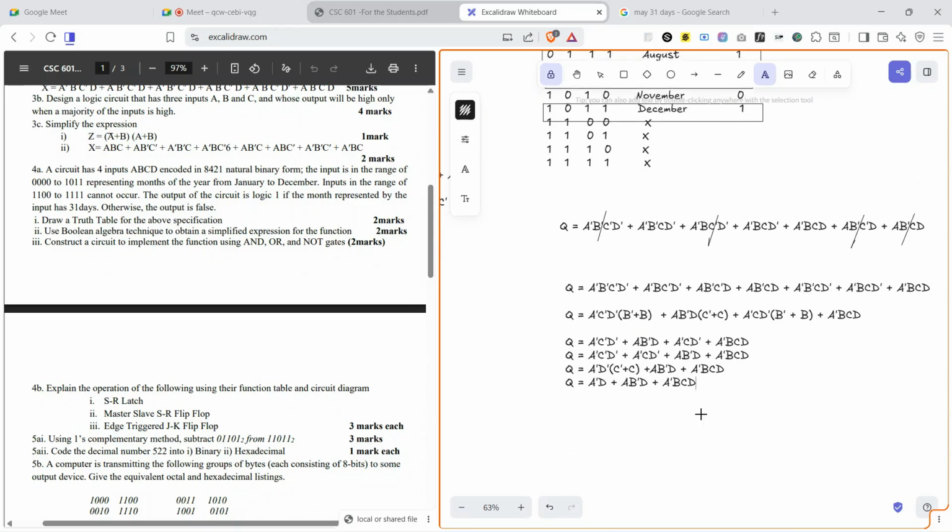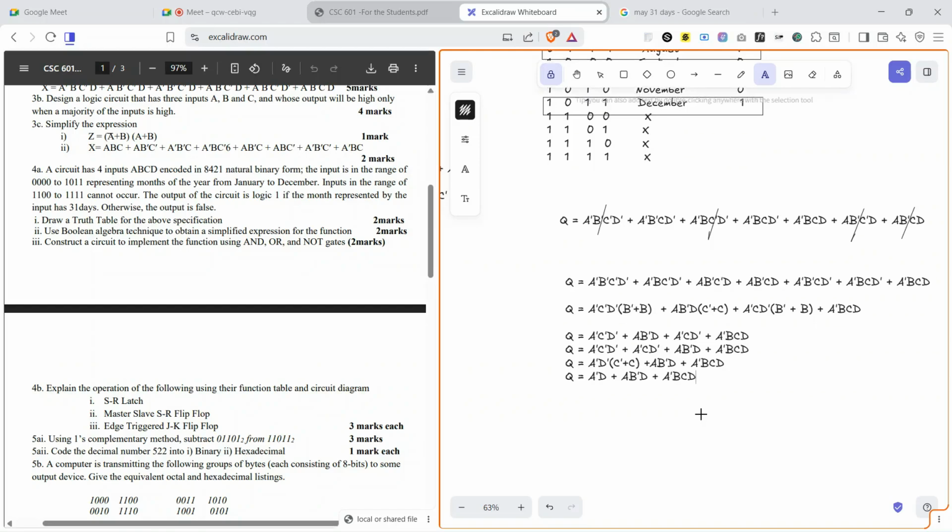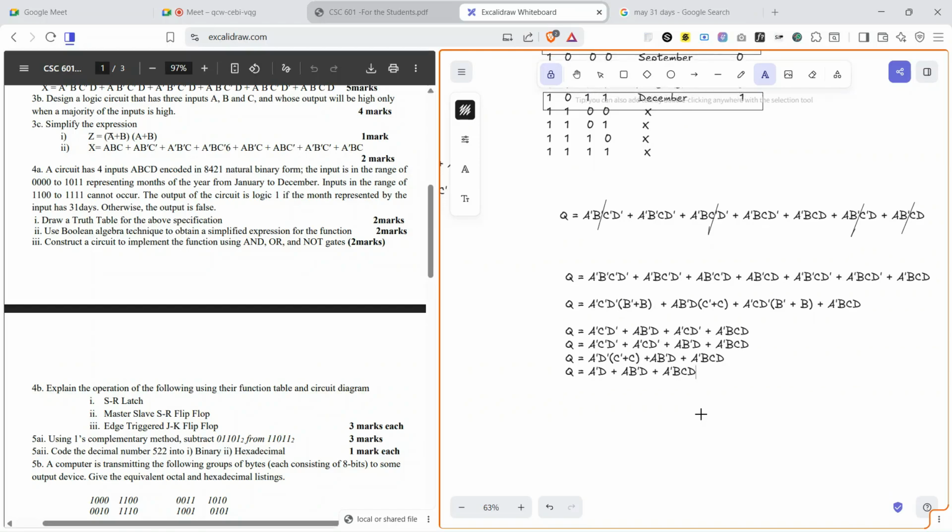Then we are to construct a circuit to implement the function using AND gates, OR gates, and NOT gates.